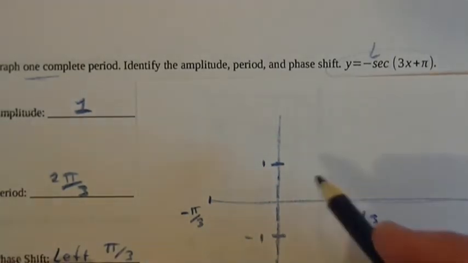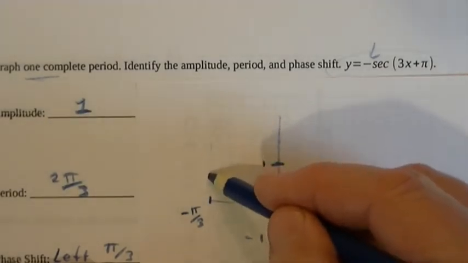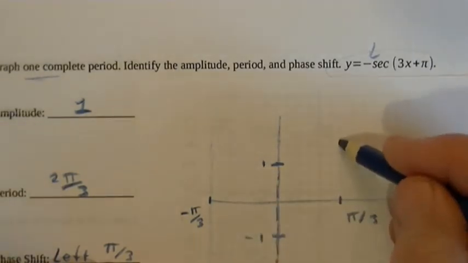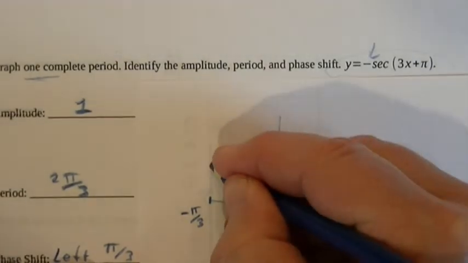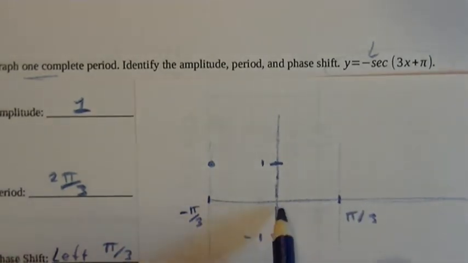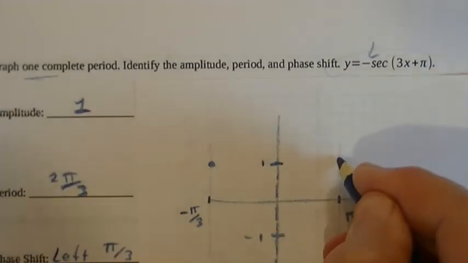Now, cosine normally starts up, comes down, so I'm going to draw in some light lines here. I'm going to start here. Now, halfway between here and here is where I'm going to come down, cross, and then hit here, and then hit here, and end up here.